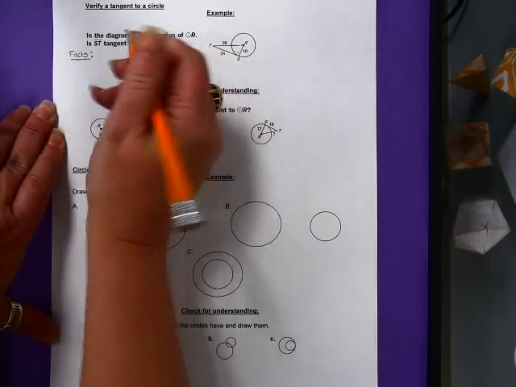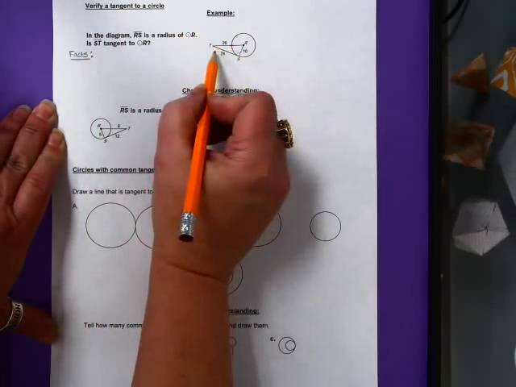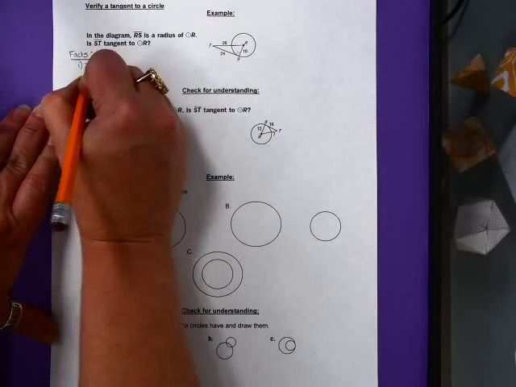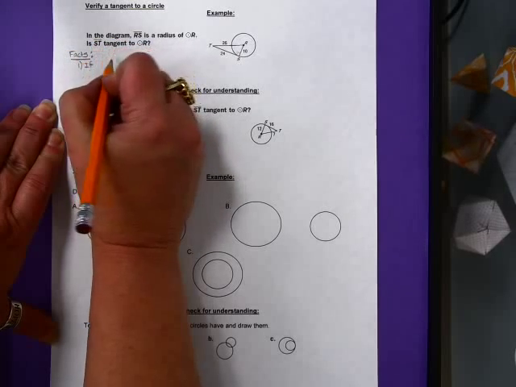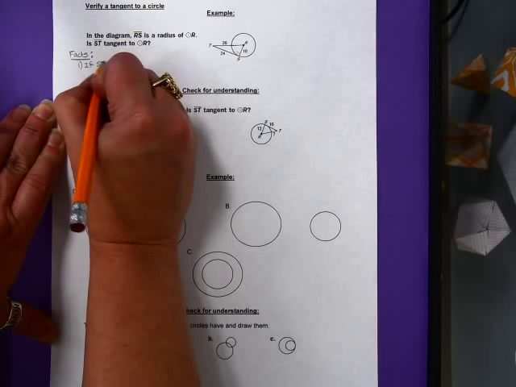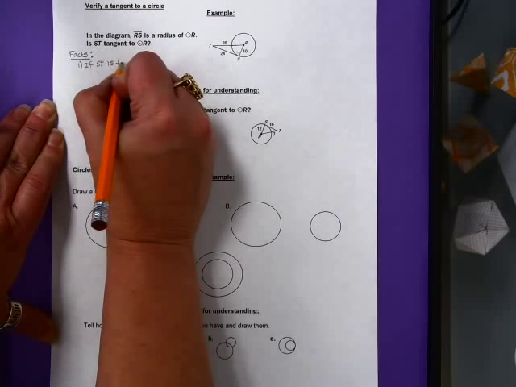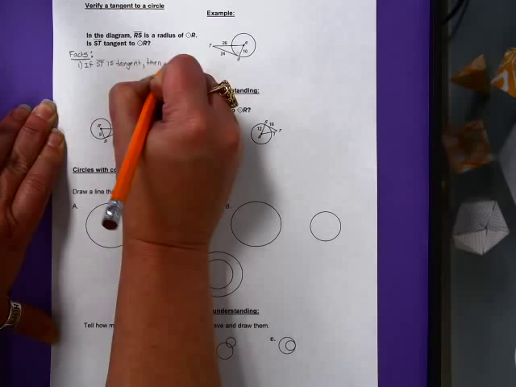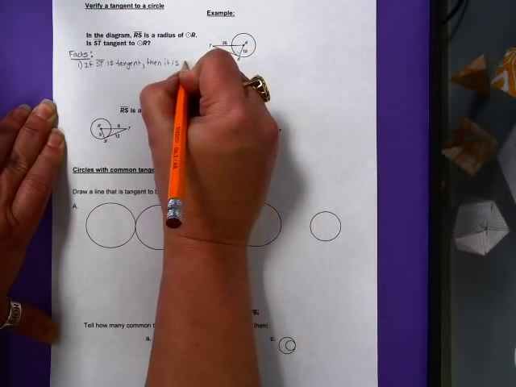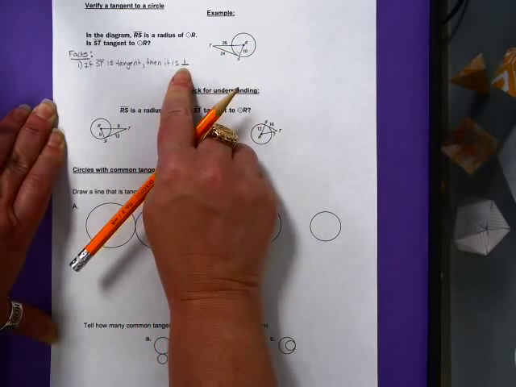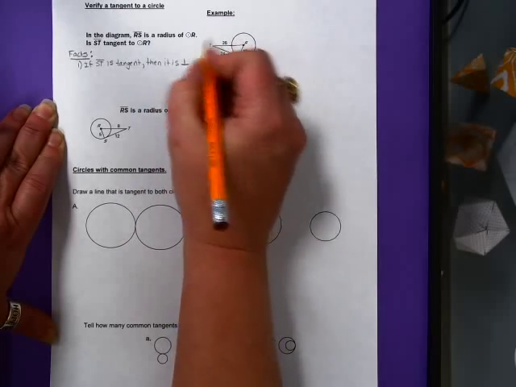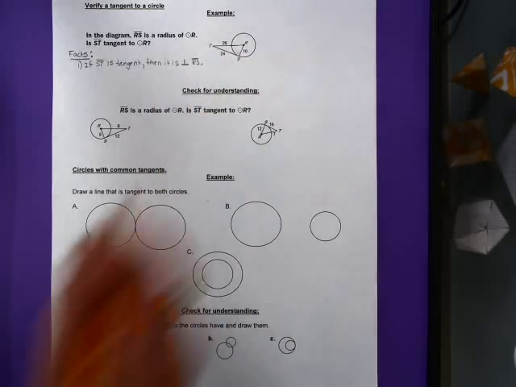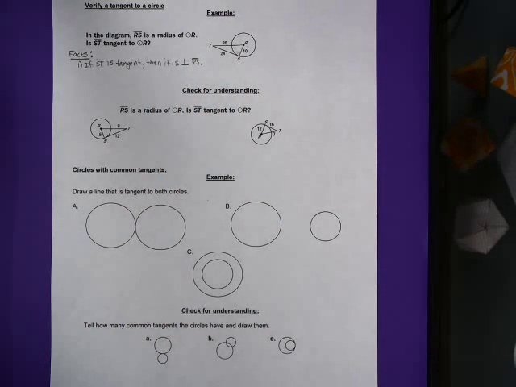We want to be able to prove that if, here's the first fact, if ST is tangent, then it is perpendicular to RS. All right, so that's one fact that we know that we're going to have to prove.